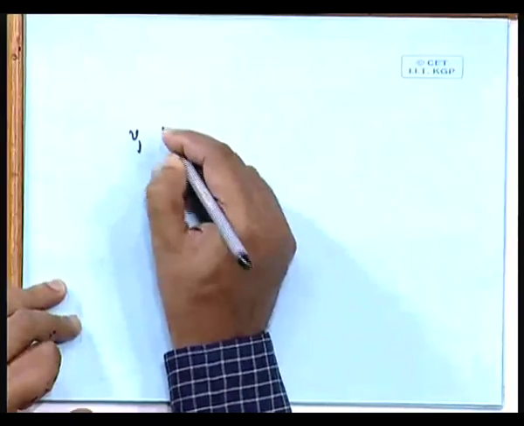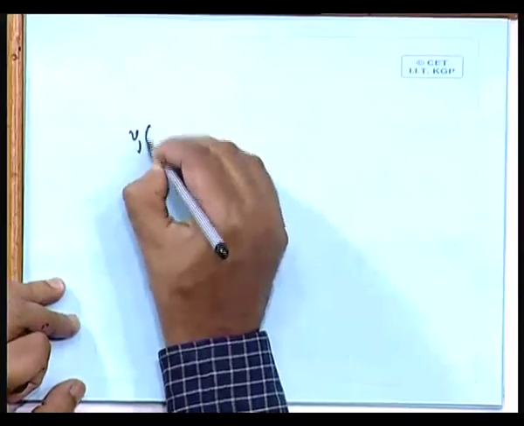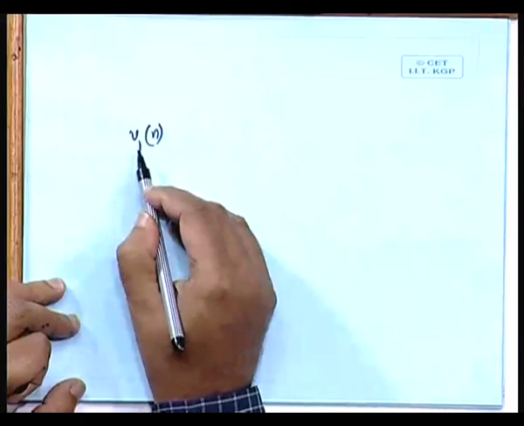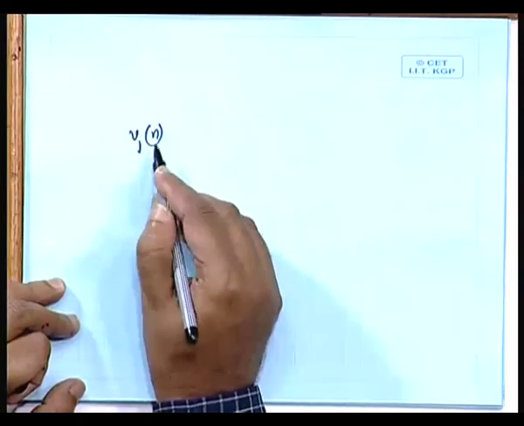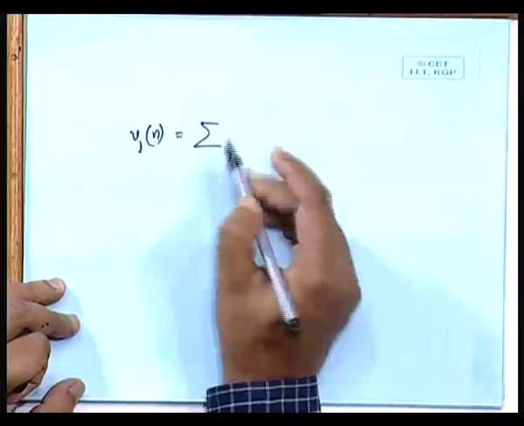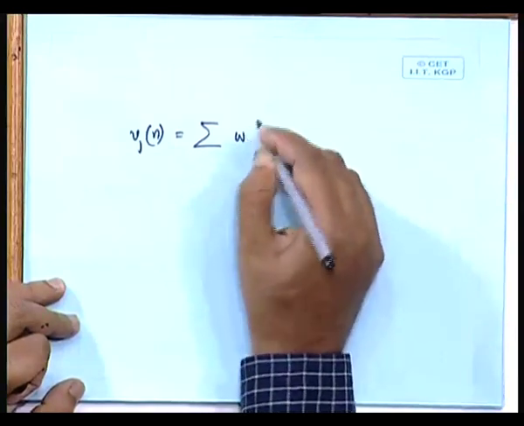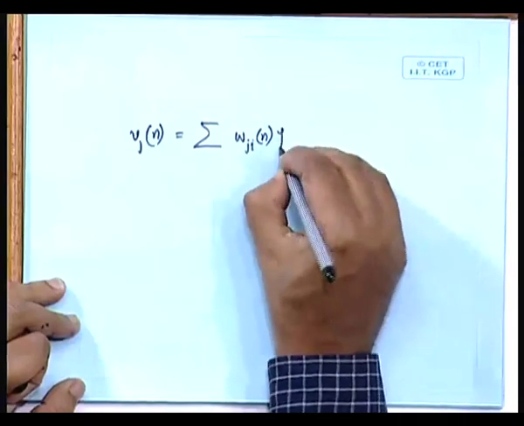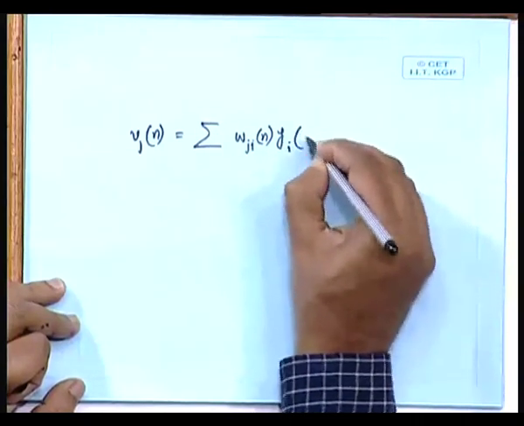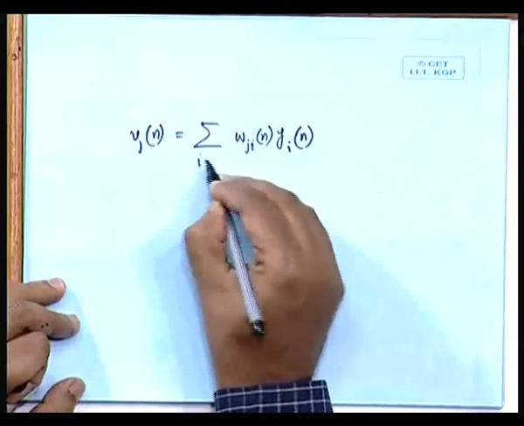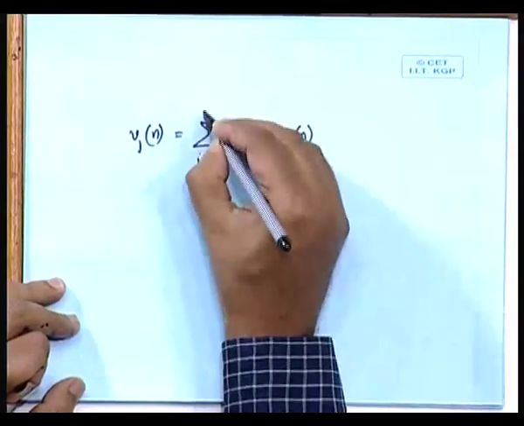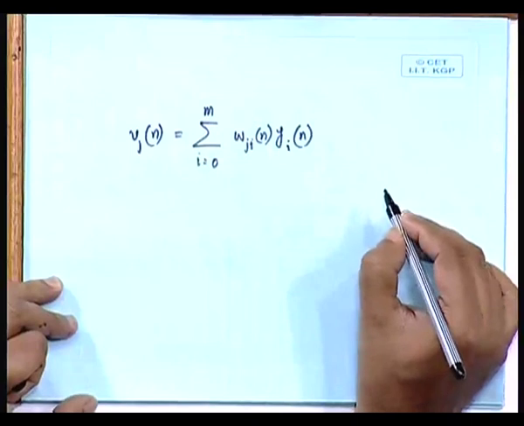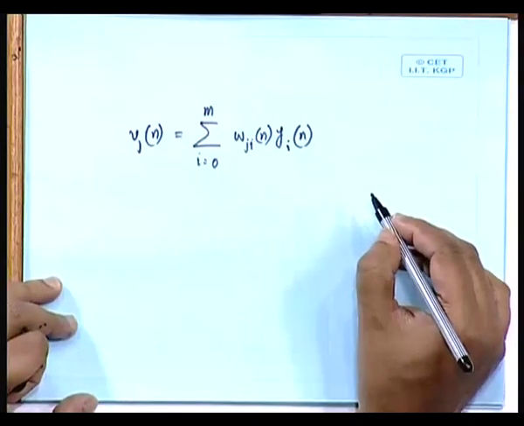In other words, what I can simply say is that the total output that I am getting out of this is, for the jth neuron, if I take the Vj at the nth iteration, it should be equal to the summation of Wji at n times Yi of n, and you add it up for i equal to 0 to m, where m is the dimensionality.